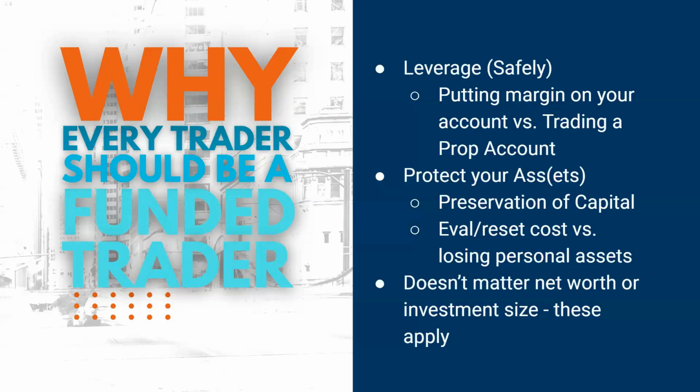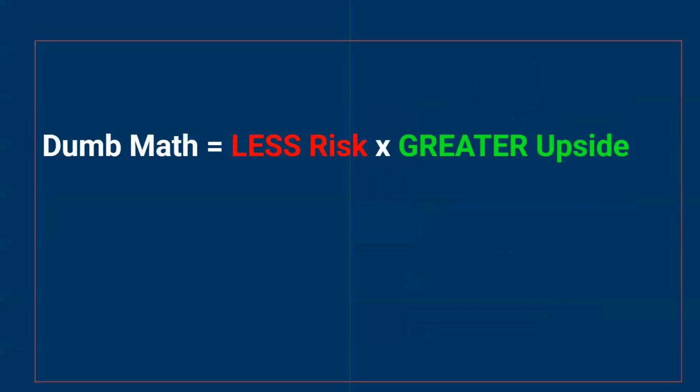It's a massive difference in your own personal finance. So we've become big proponents of trading other people's money in the form of prop trading. In our mind, we call it dumb math. And if saying dumb offends you, I'm sorry, but we do believe it's dumb. At the end of the day, it's less risk for your own personal assets.